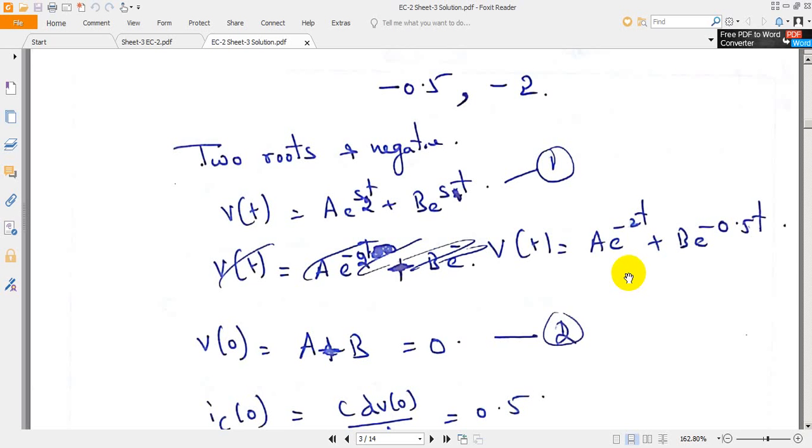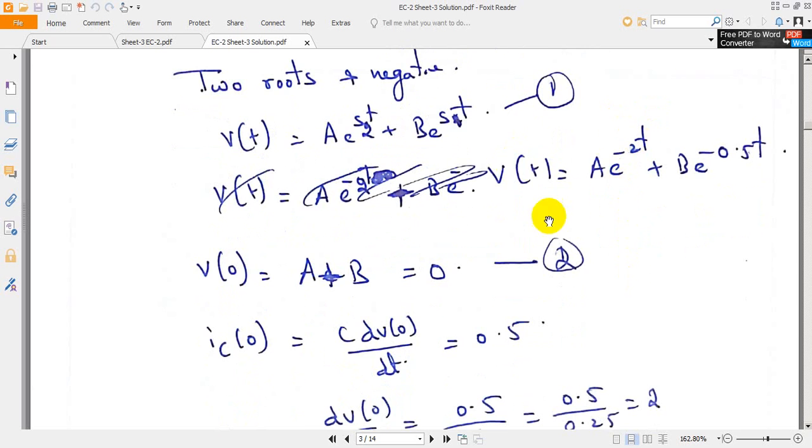At the instant t is equal to 0, we get v(0) is equal to A into e power minus 2 into 0, which becomes 1. Similarly, e power minus 0.5 into 0 also becomes 1. So v(0) is equal to A plus B.